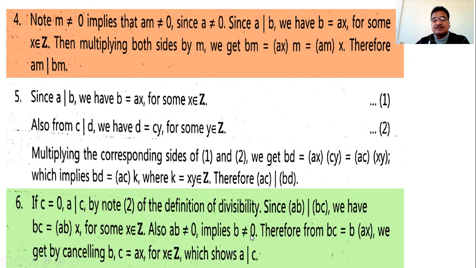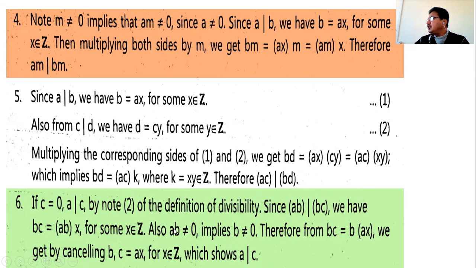Okay, so just cancel the b from both sides. For that, b must not be equal to 0. Required: b is not equal to 0, as ab is not equal to 0, because ab is the divisor. ab is not equal to 0 implies b is not equal to 0. Okay, so just cancel b from both sides, and therefore we have this. ab is not equal to 0 means both a and b are not equal to 0.